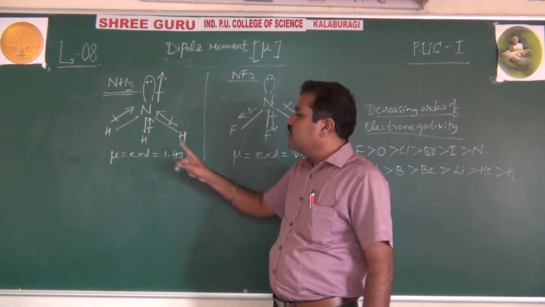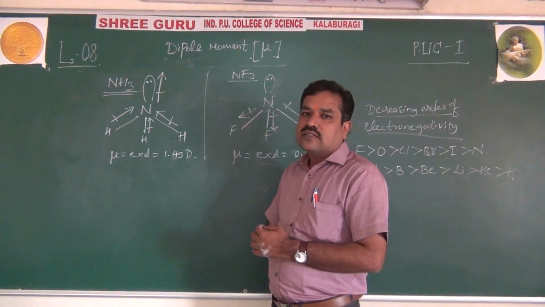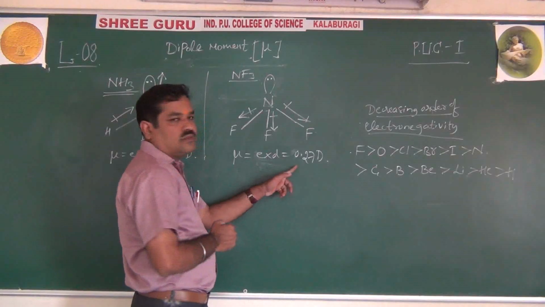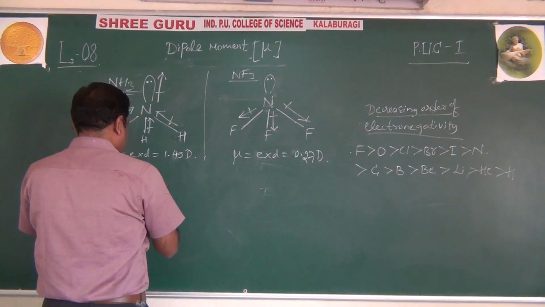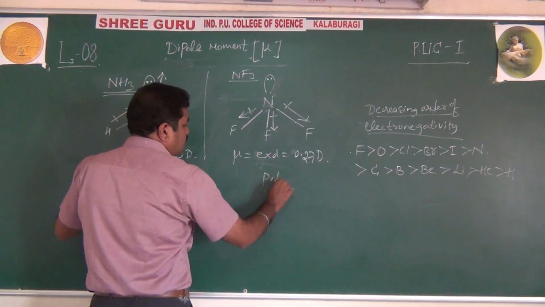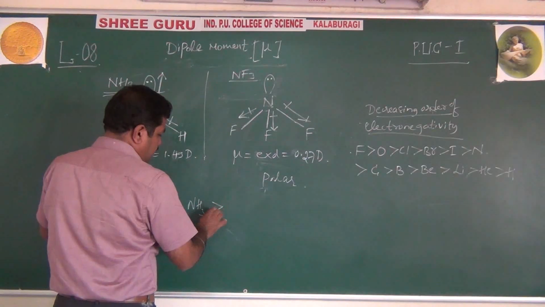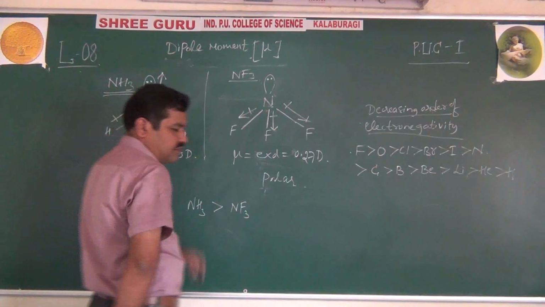As the electronegativity of the surrounding atom decreases, the dipole moment increases. But if the surrounding atoms are more electronegative, then the dipole moment decreases. But both are polar. This is also polar. But ammonia is more polar than nitrogen trifluoride.